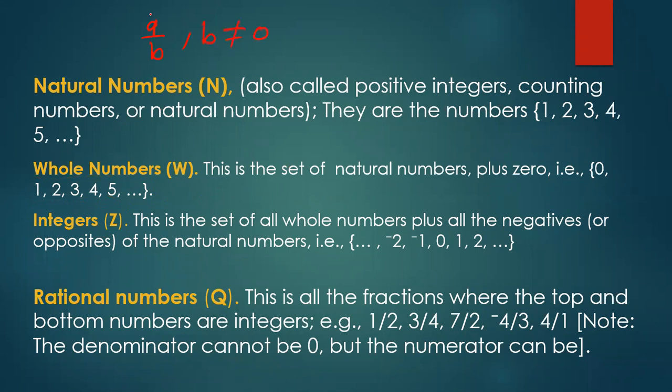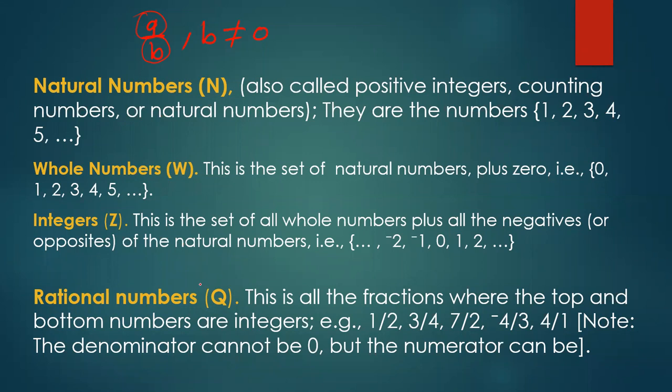And in most cases, you have to make sure that the numerator and the denominator are in their lowest forms, meaning there shouldn't be any number that can go into both the numerator and the denominator, for this to qualify to be a rational number. It's as simple as that.